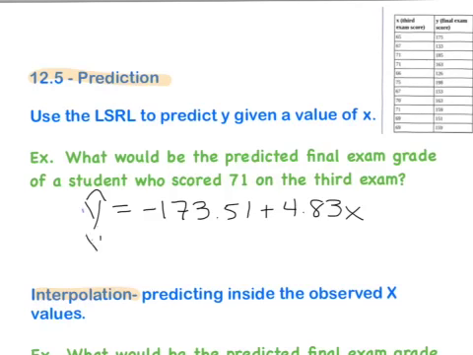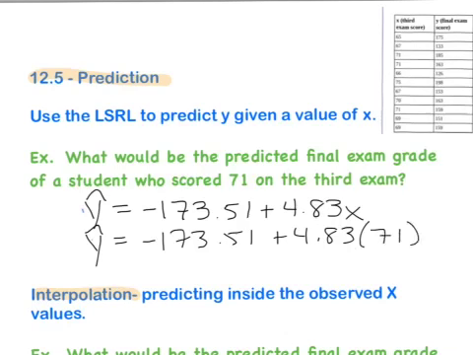All I need to do is plug in the 71 for my x, because that would be the score on the third exam. Put this into my calculator, and I come up with y hat equals 169.42. That's what we would predict somebody who scored a 71 on the third exam to get on the final exam based on this least squares regression line.